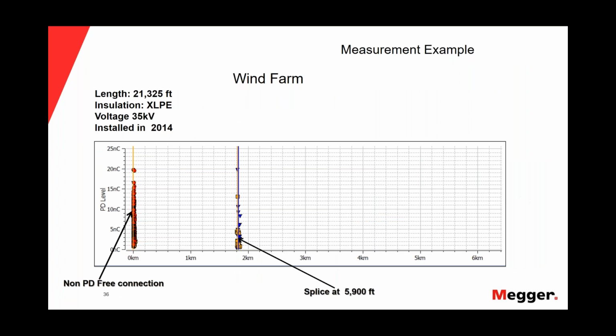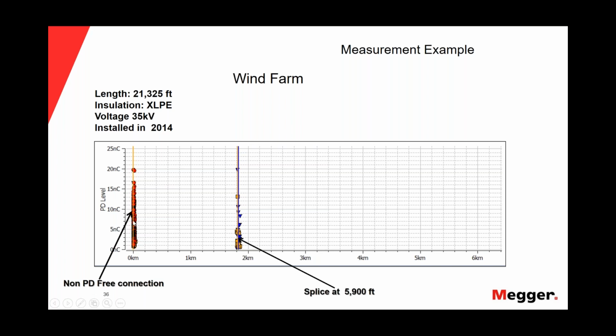Here we're seeing an example of a PD measurement. It was made on a cable with a length of almost 21,000 feet. The insulation was XLPE and the voltage was 35 kV. You can see here in the horizontal axis the length of the cable is 6.5 kilometers, which means around 21,000 feet.